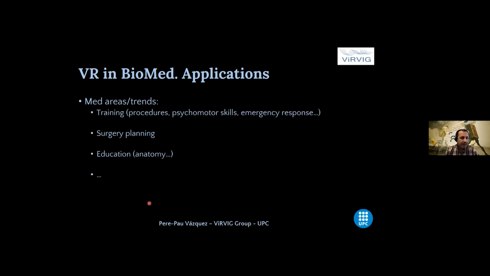You can also plan a surgery. So there is software that helps you determine which parts of the subject I have to cut or where I have to place one element. So it's also easier to do in virtual reality. And of course, there's a lot of potential in anatomy. For example, there are a lot of papers related to teaching anatomy to medical doctors or nurses and so forth.